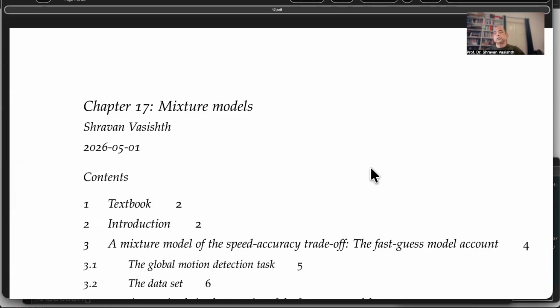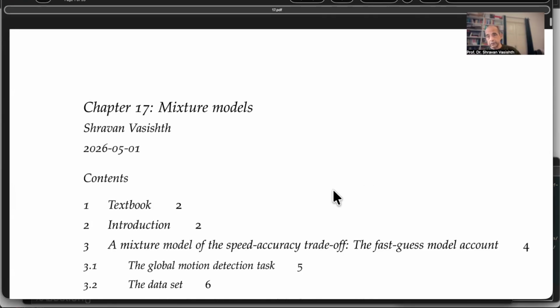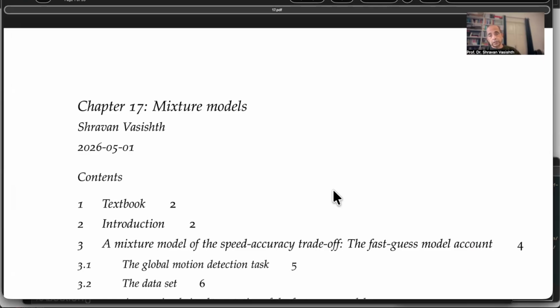So I will probably discuss a specific example that illustrates how important this kind of mixture model is for evaluating whether one or some other theory makes more sense. I have several papers on this topic, but I'll give you a simplified version of that story.